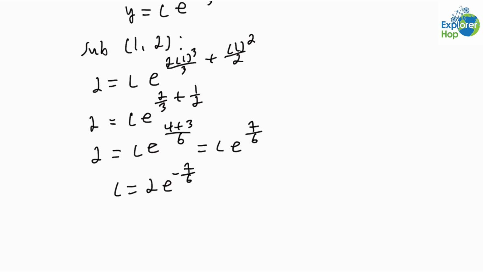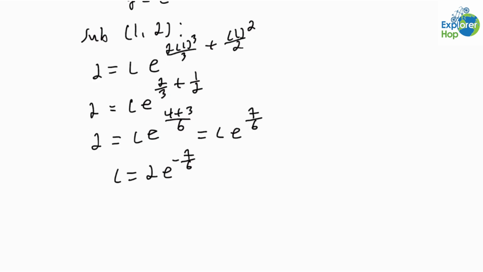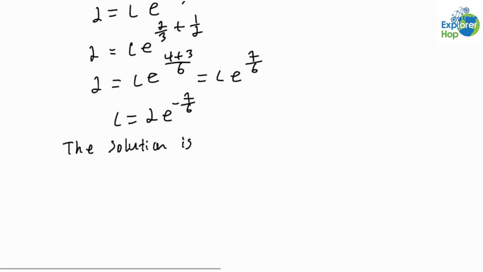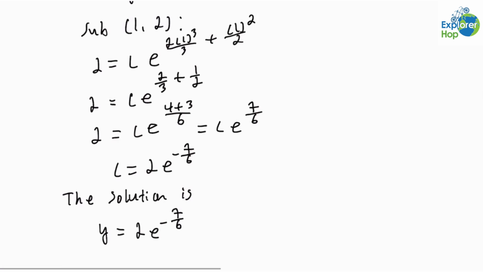Subbing c equals 2 times e to the power of negative 7 over 6 back in, we get that the solution is the function y equals 2 times e to the power of negative 7 over 6 times e to the power of 2x cubed over 3 plus x squared over 2.